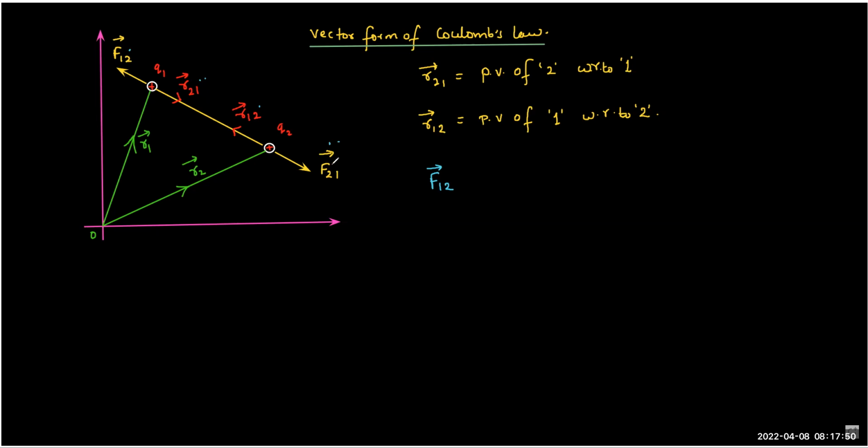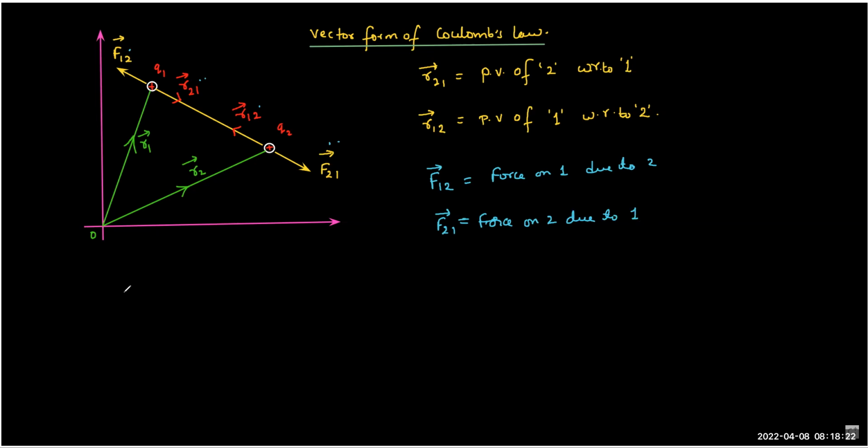So from the concept of vectors, first let me add the names. This is the force on 1 due to 2, right? Yes, sir. And this is also the force on 2 due to 1. Okay.